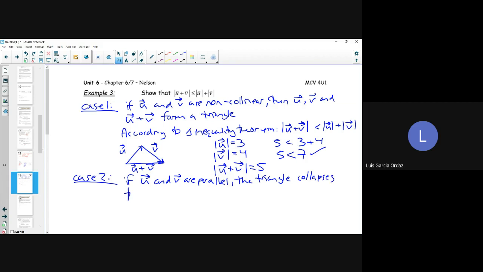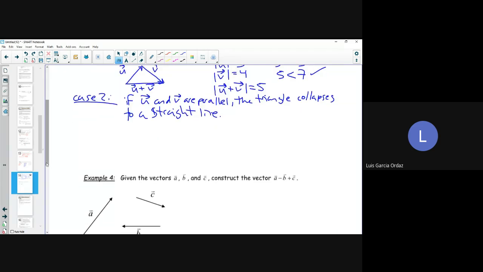I'll show you what this means. If I'm parallel, I have my vector u, which is over here, and I have my vector v, which starts at the head of u and goes this way. So this is vector v.